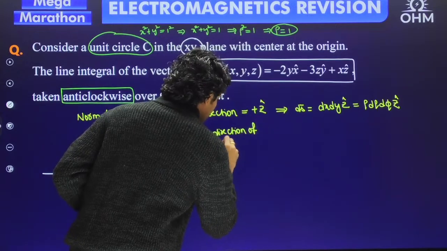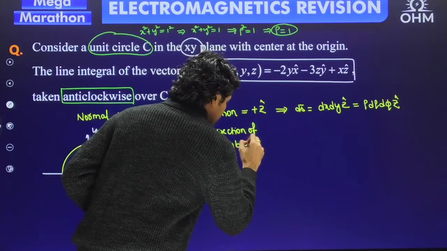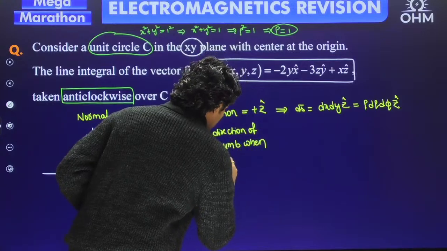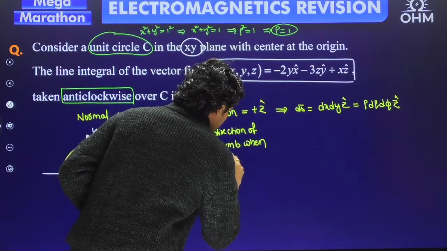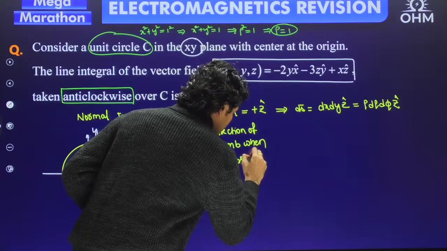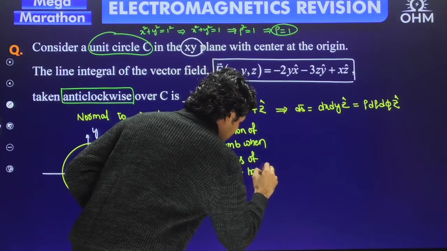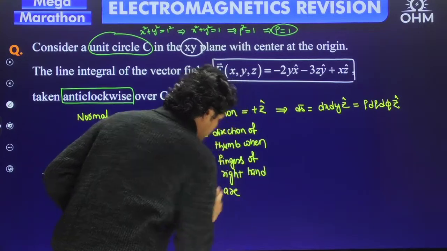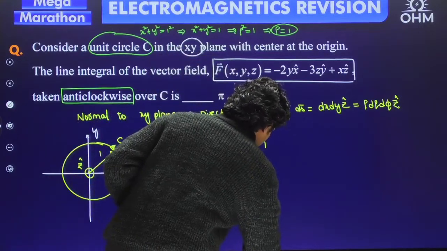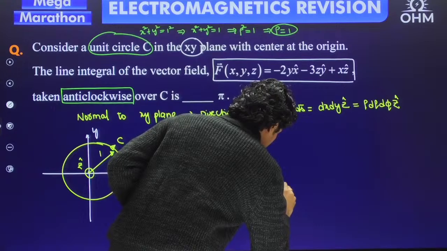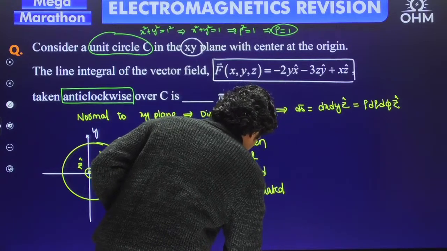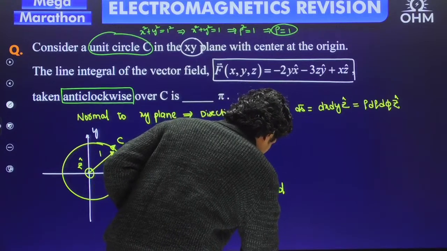So the direction of the thumb is the direction when the fingers of the right hand are circulated along the path.